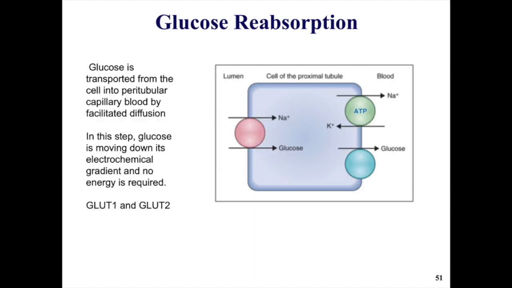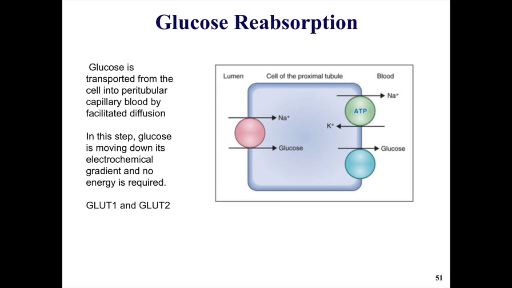Glucose is a very important aspect for us to understand whether we should normally find glucose in the urine or not. So if our levels of glucose in the blood are within the normal range, we will filter glucose, but only a certain amount, and that needs to be reabsorbed.